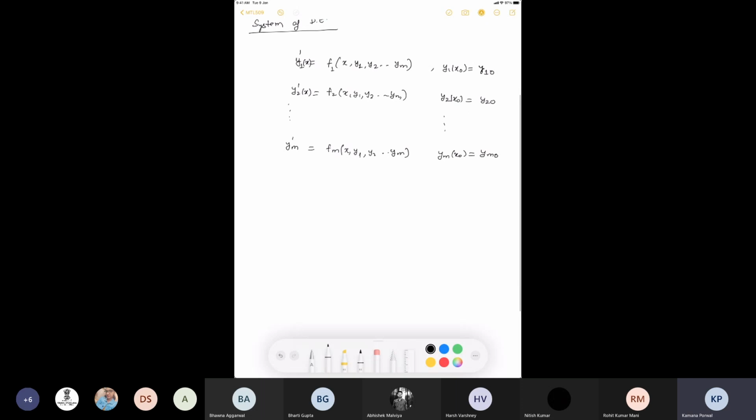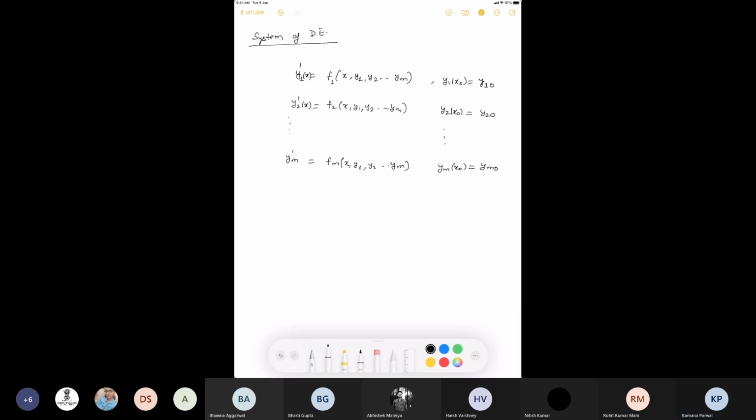Okay, so this is a system of m first order differential equations together with the initial conditions.